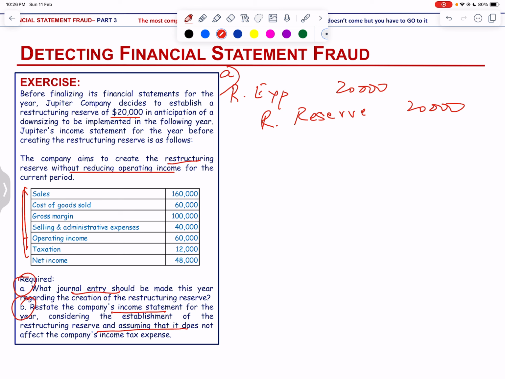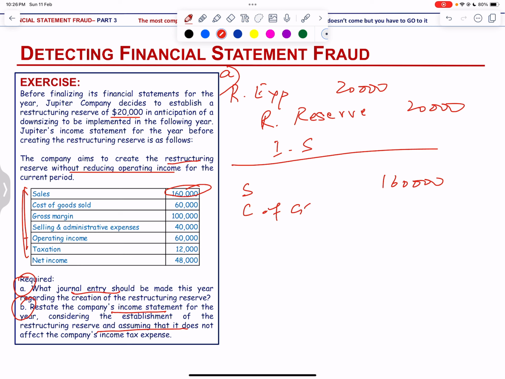For part B, we have to prepare the income statement, and for this we have the sales, and the sales is 160,000. From this, we are going to subtract the cost of goods sold, that is 60,000. So we have the gross margin, and gross margin is 100,000. From this, we are going to subtract the selling and administrative expenses, that is 40,000.